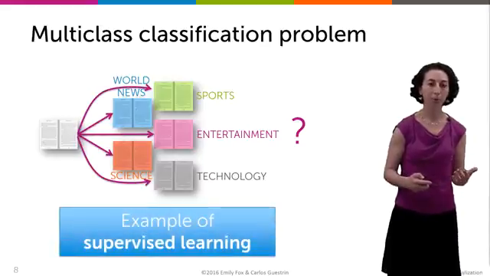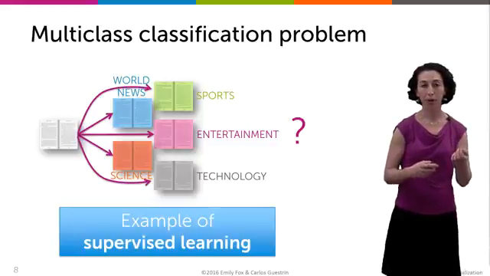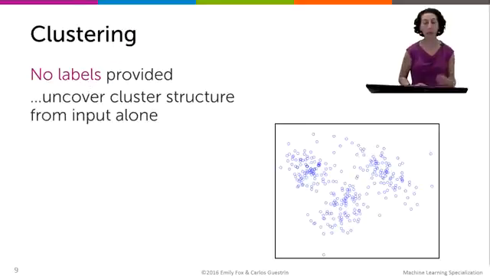So this is an example of a supervised learning problem because outputs are provided, or these class labels are provided on our training examples. But when we're thinking about doing clustering, we're assuming that there are no labels provided, or that the labels are really, really unreliable.